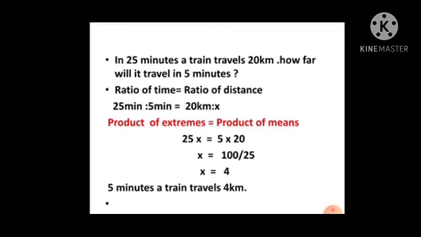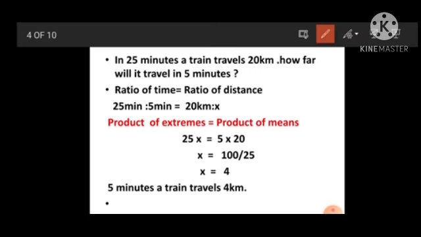Now third example is, in 25 minutes a train travels 20 km. How far will it travel in 5 minutes? So first we write the ratio. Ratio of time equal to ratio of distance. Time is 25 minutes and 5 minutes.